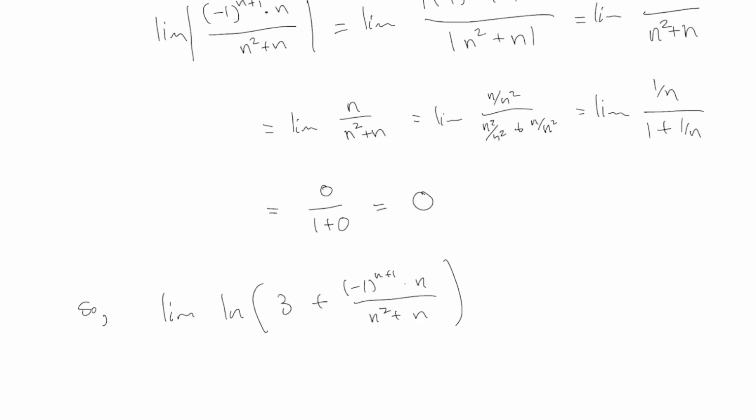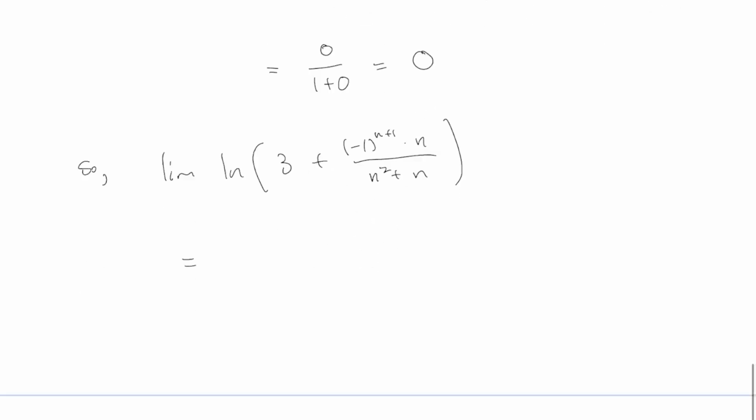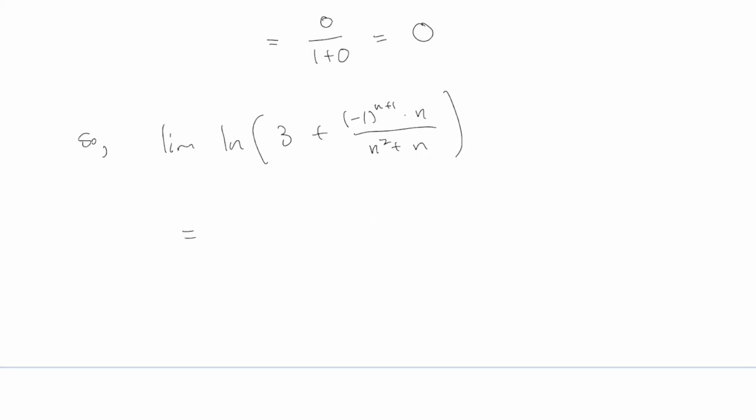All right, we already determined the fraction part inside there, its limit is 0. And really what I'm using is the rule about pushing the lim inside of a function. ln is a continuous function, and so this is the same as saying ln 3 plus lim of this business, right? And that is what we already determined to be 0. So my final answer is just ln of 3.